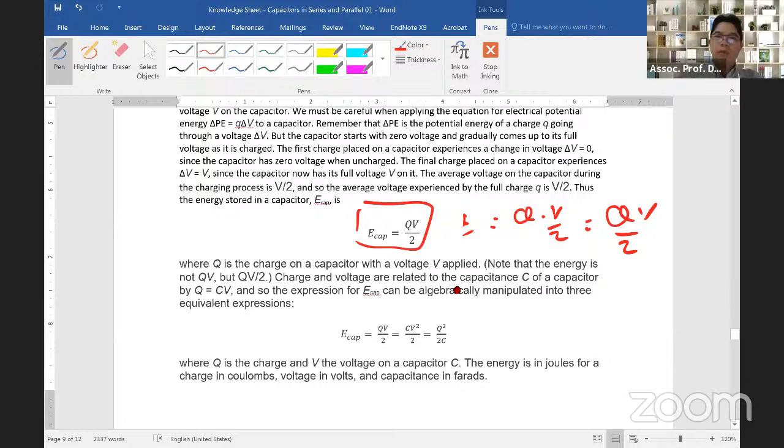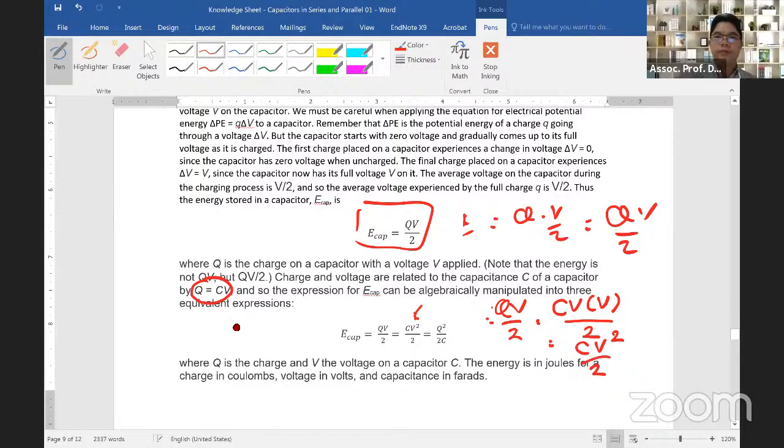Okay, and we can change the format of the formula into three different ones. The first one you know already. For the second one, we use Q equals CV instead. From QV divided by 2, we replace Q with CV times V divided by 2. So it will be CV squared divided by 2.